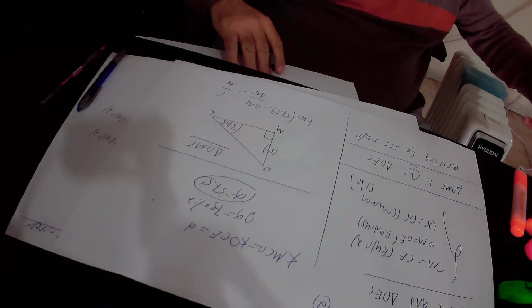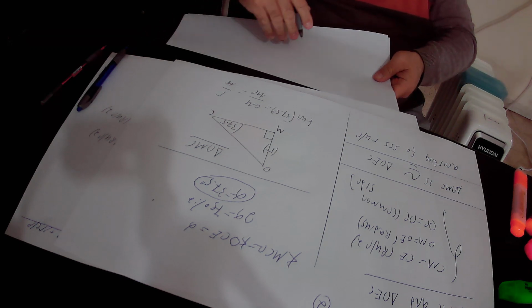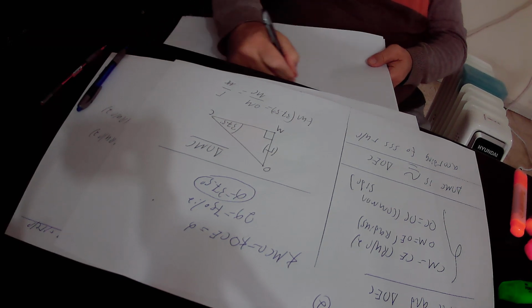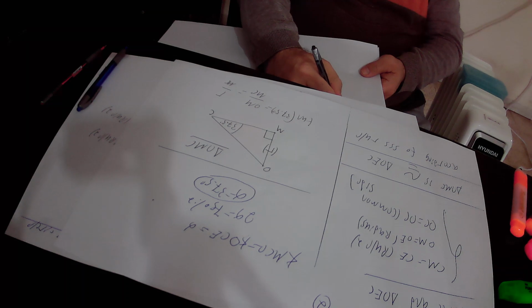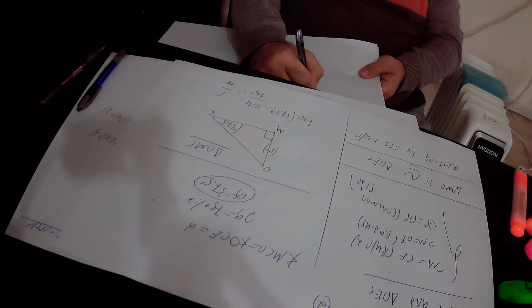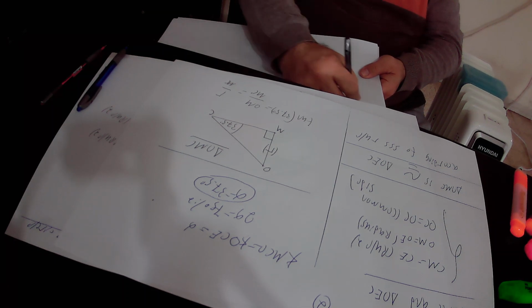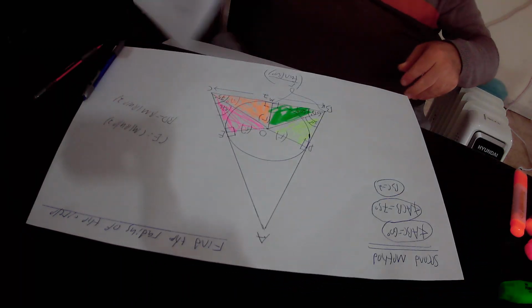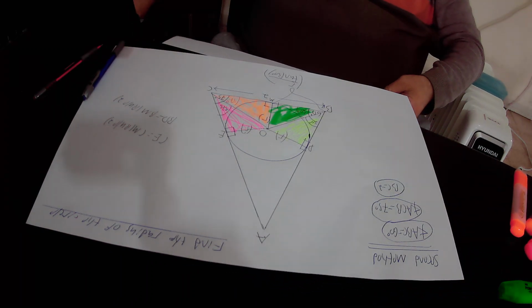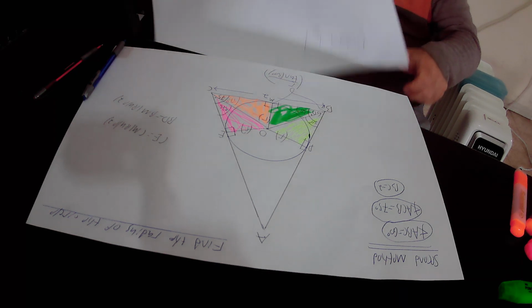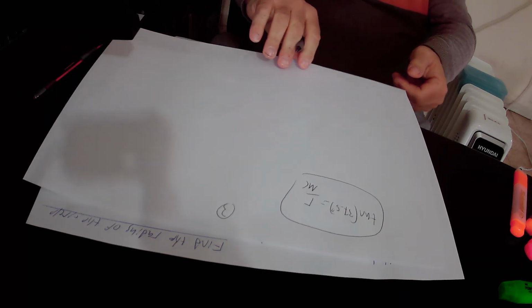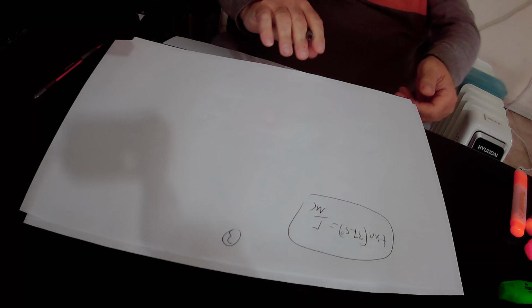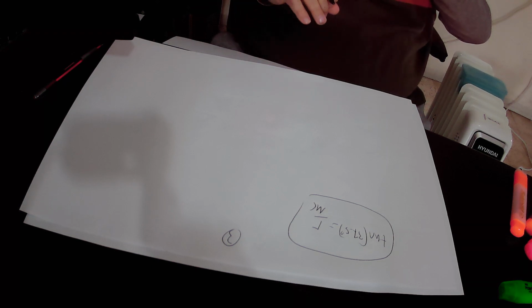So in conclusion, we found out that tangent 37.5 degrees equals R over MC.